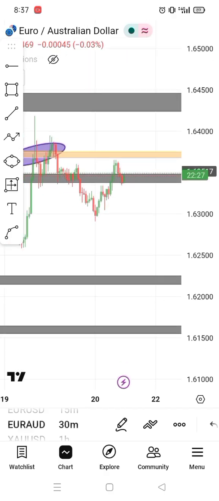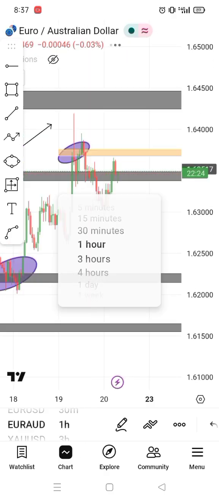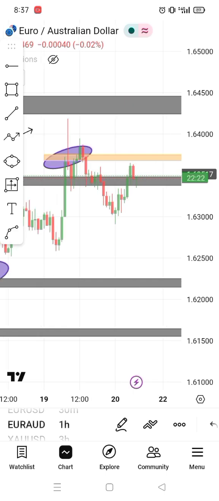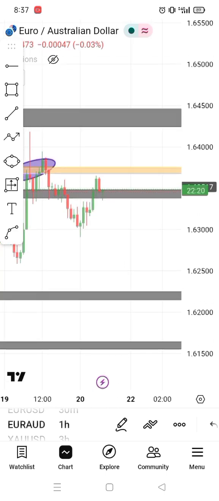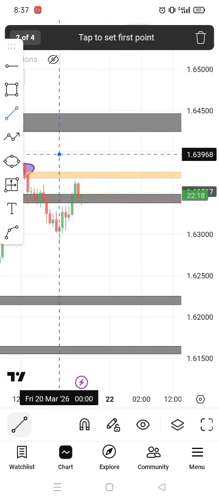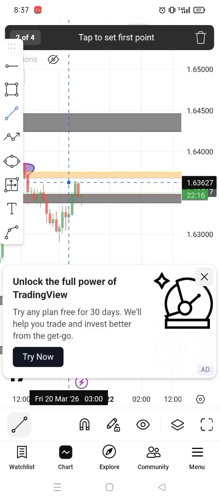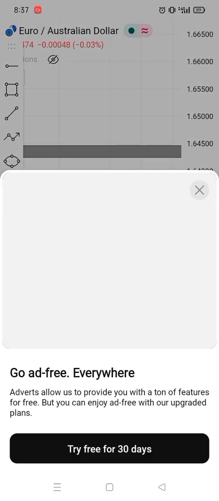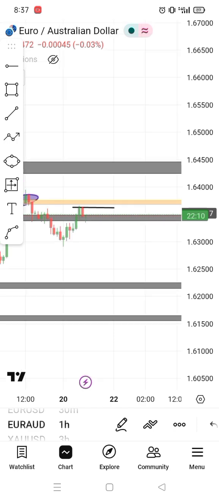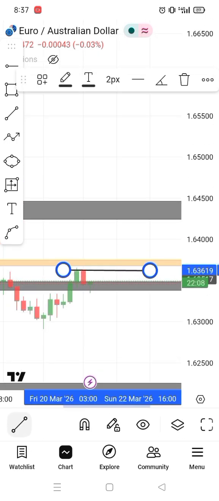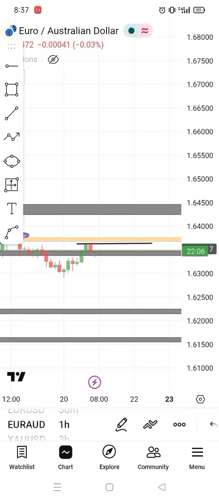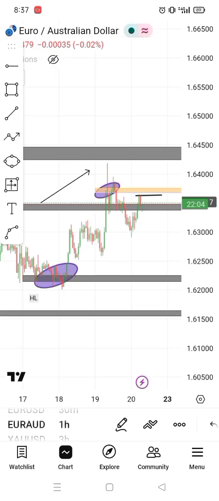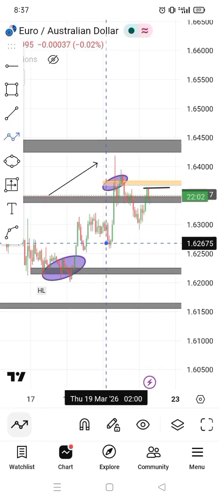Now let's mark up this. So this is the highest point that you can get. So the game plan in here is to wait for the second time around. The game plan for this is this, right?